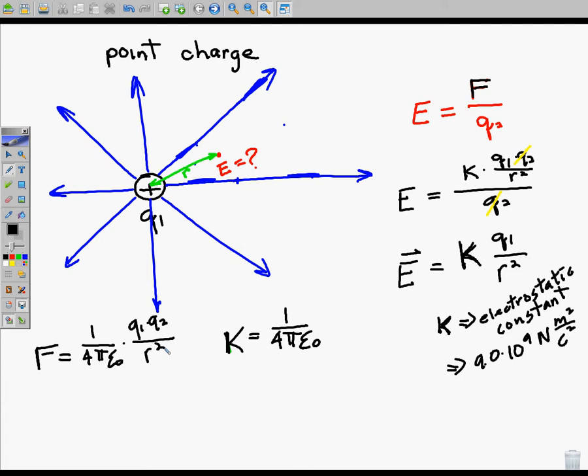And of course, if you want to know the value of epsilon 0, you could just use this value, 9 times 10 to the 9th, and solve for it. Another way of writing the electric field strength formula is E equals 1 over 4 pi epsilon 0 times Q1 over R squared.